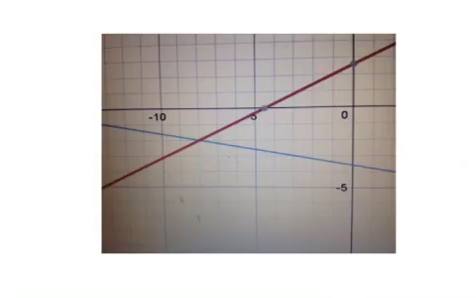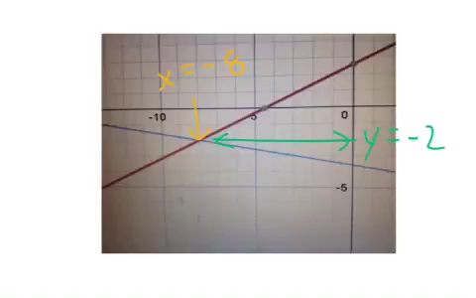Again, let's check that answer. If we look at this graph, notice that right there, x equals negative 8. And if we look from the side this way, we notice that y is negative 2.